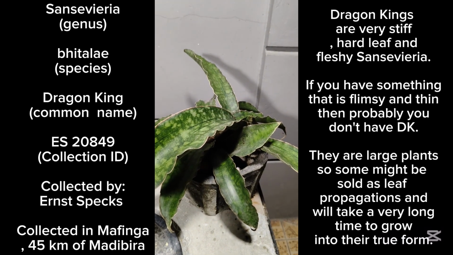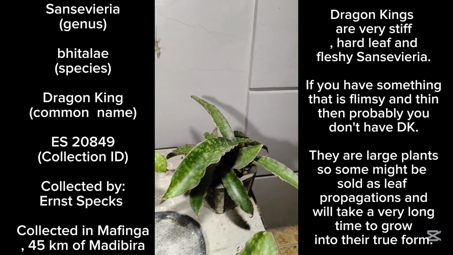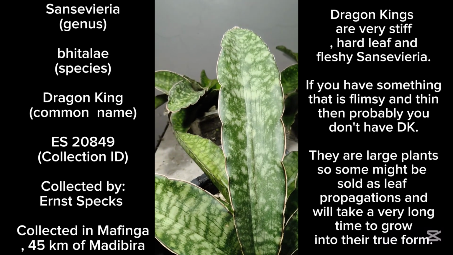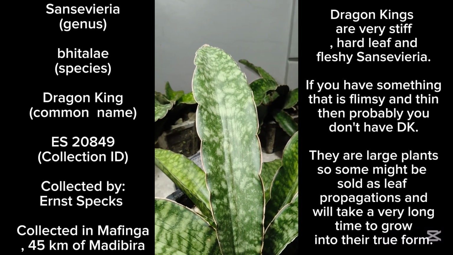This is Jade Dragon, having the collection ID of 21298, and the one in front is, like I mentioned, ES20849, which has the alias of Dragon King.